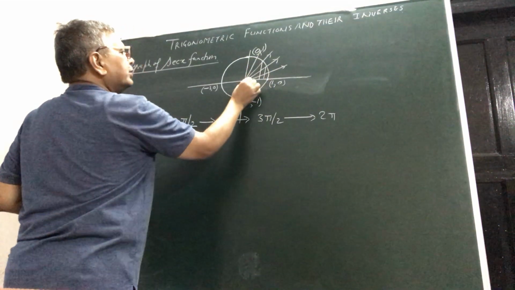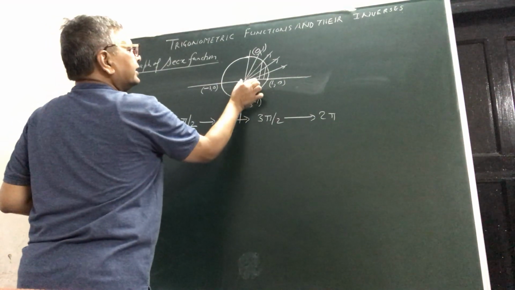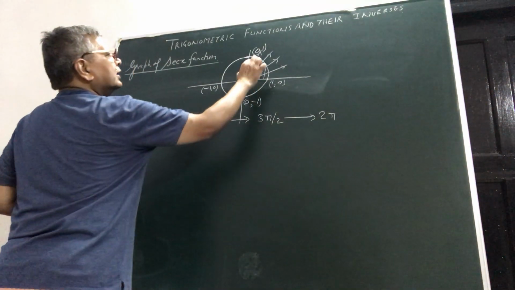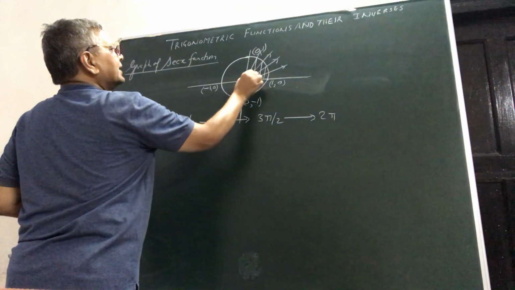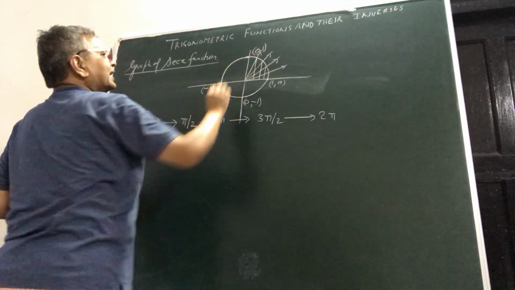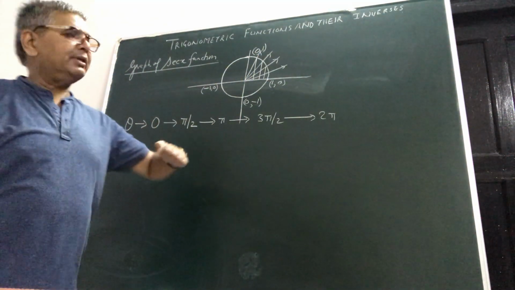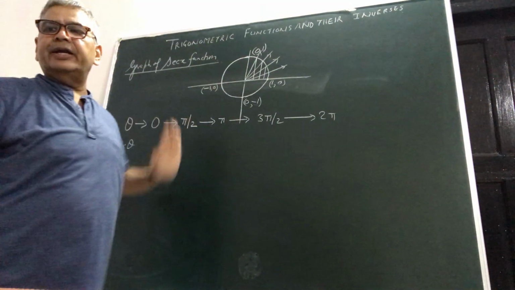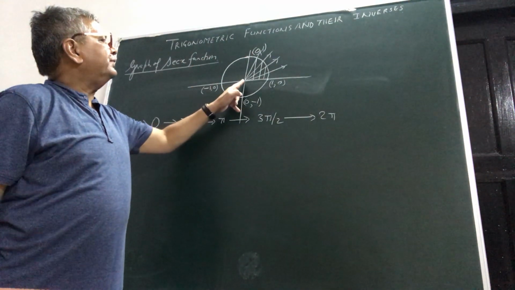Again, when you increase the value of theta, it will diminish further, it will become this much, and then this much, and then finally when this terminal ray is coinciding with pi by 2, it will be 0.